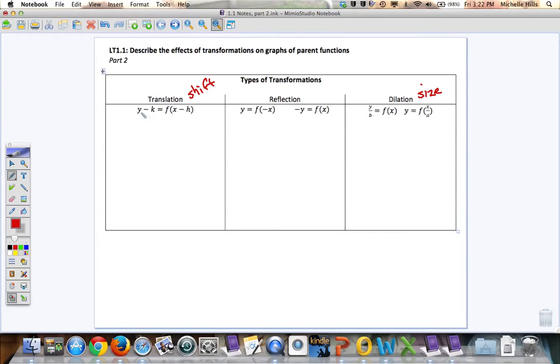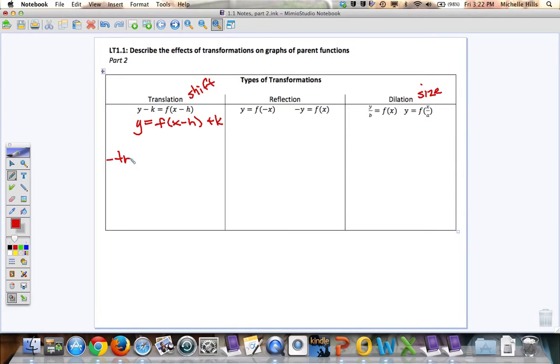So in this case, usually we solve for y, so most of the time you're going to see this as y equals f of (x minus h) plus k. So if I have something, it means that it's shifting, it's translating. Let me just use the correct word.